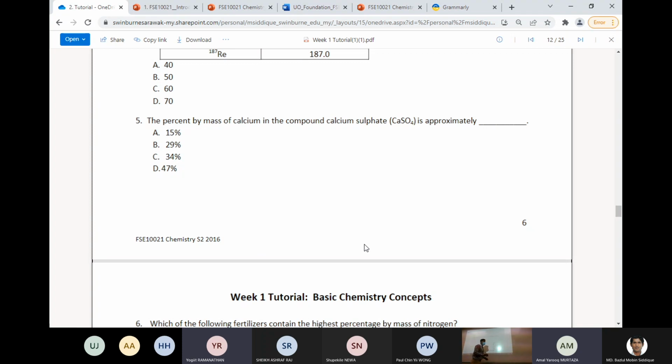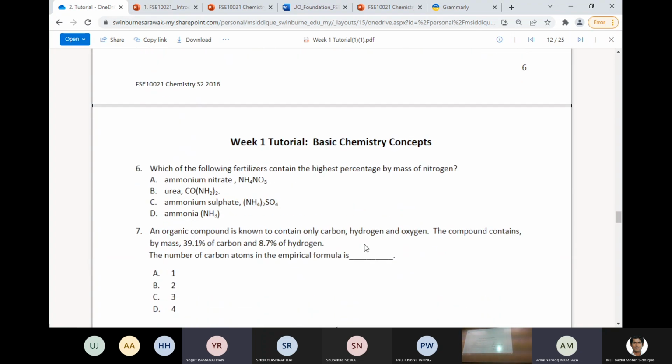So calcium sulfate is 136, and calcium is 40, times 100%. This is how we find the number. The answer is given at the end of the tutorial task.